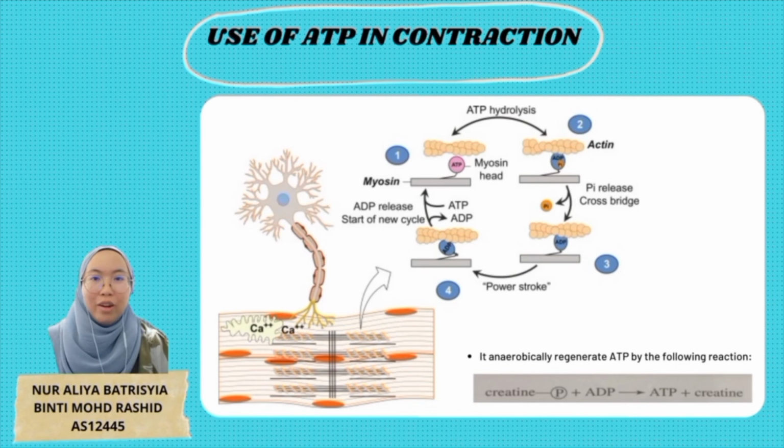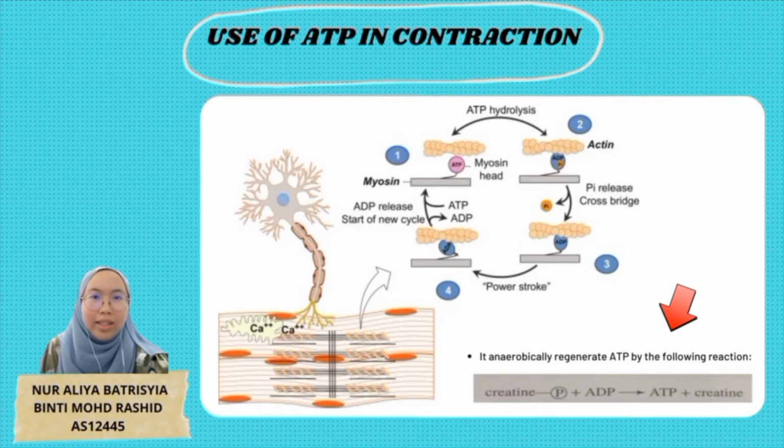Creatine phosphate cannot directly participate in muscle contraction. It anaerobically regenerates energy by the following reaction. These reactions occur in the midst of sliding filaments. So, this method of producing ATP is the fastest.